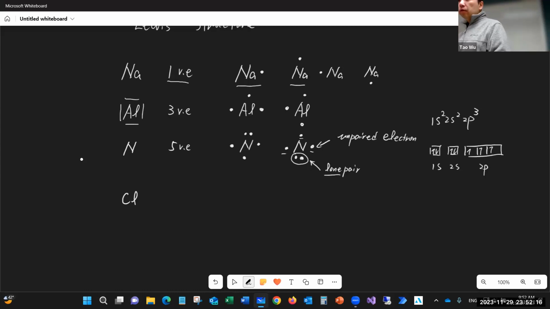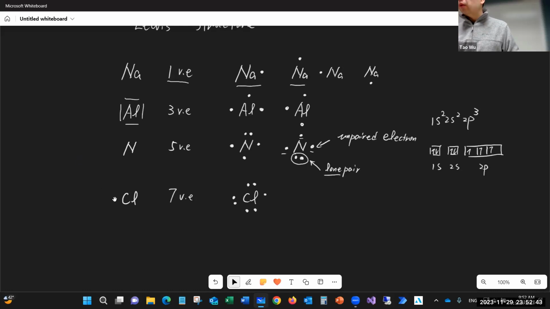First of all, chlorine has 7 valence electrons. It's a 7A group, right? So you put 1 on each of the 4 sides, and then you have 3 more, so you have 3 paired electrons, lone pairs, and 1 single unpaired electron. Sorry, that's the Lewis structure for chlorine.